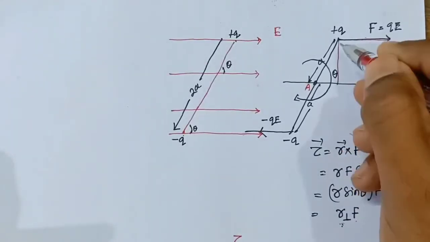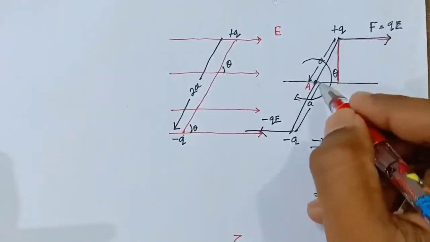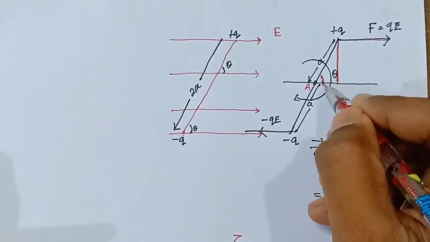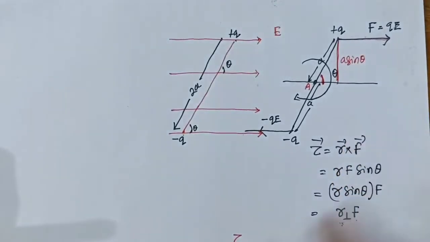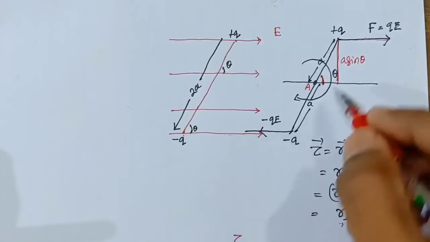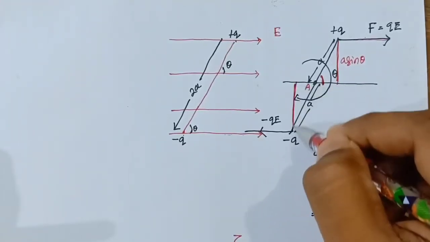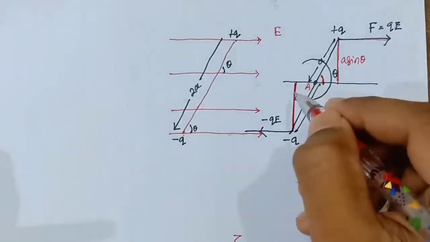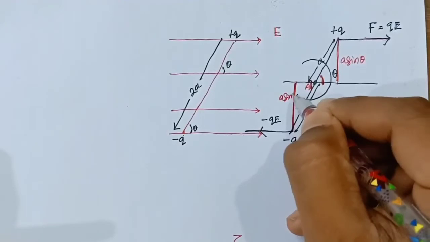This is the perpendicular distance. If this is a and this angle is theta, then this is a sine theta. Similarly, for this force, this angle is theta, so this is the perpendicular distance, and it is a sine theta.